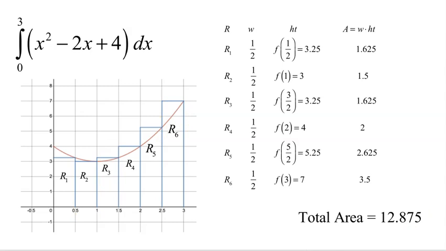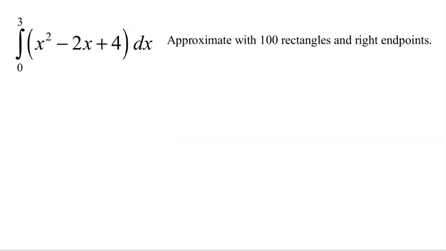Now, how can I get a better approximation? I used just 6 rectangles. Well, I could use a whole lot more rectangles. And with spreadsheets, the computation's not too difficult. So for my second approximation, I said, let's use 100 rectangles and right endpoints. So what will 100 rectangles and right endpoints look like?